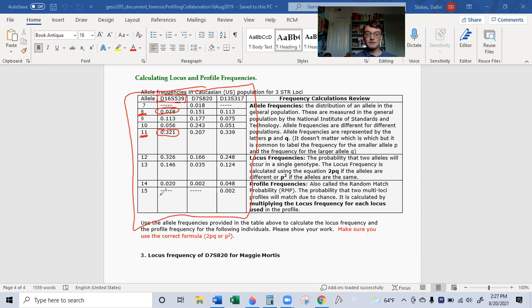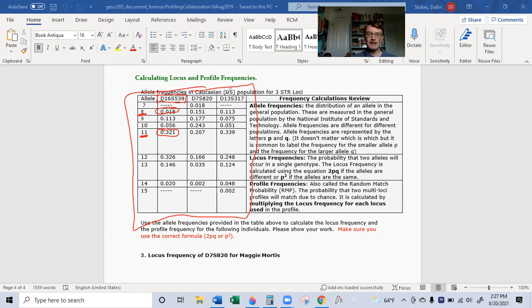Each column, notice this chart has all of the possible alleles down the left side, and the frequencies for 3 different loci. So the odds of having a 10 allele at D16 is 0.056. The odds of having a 10 allele at D7 is 0.243.